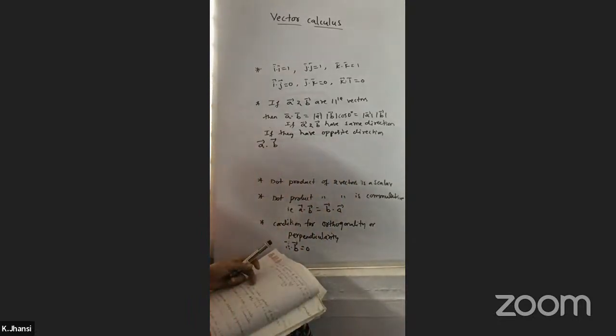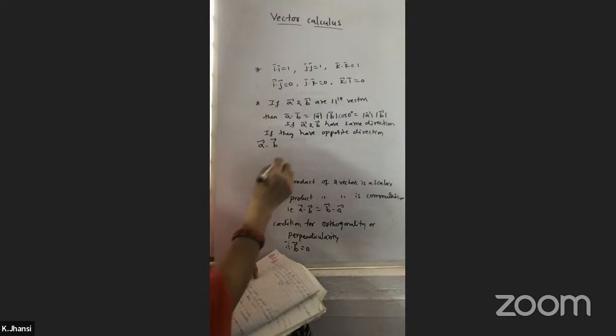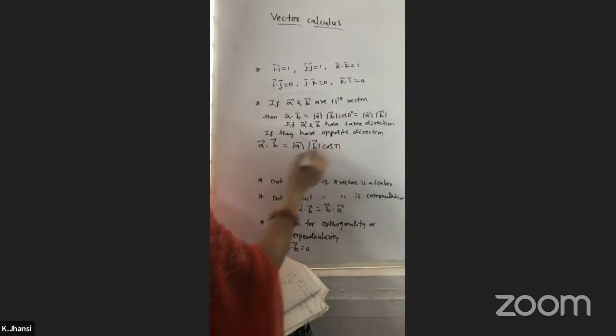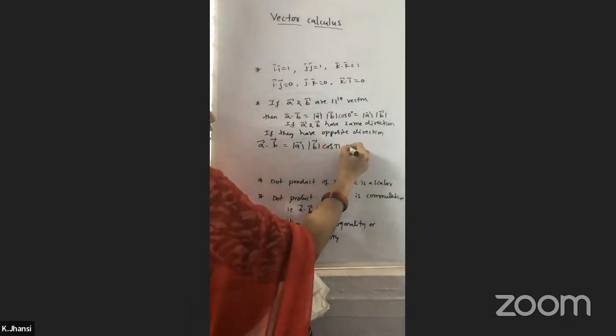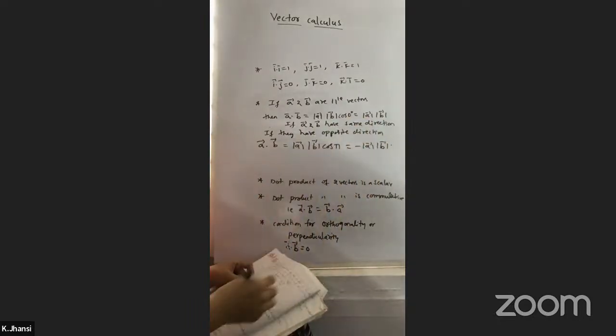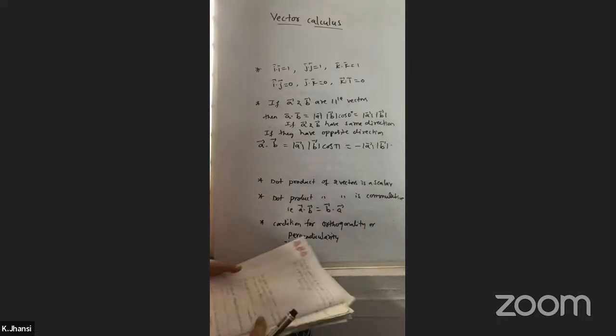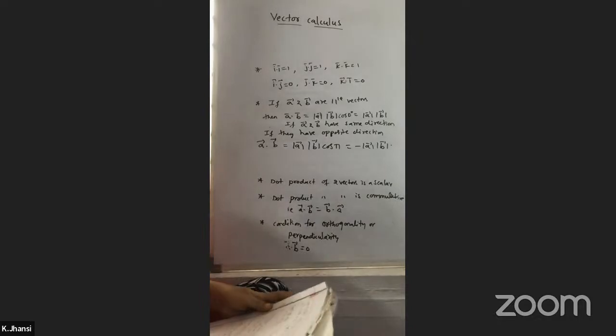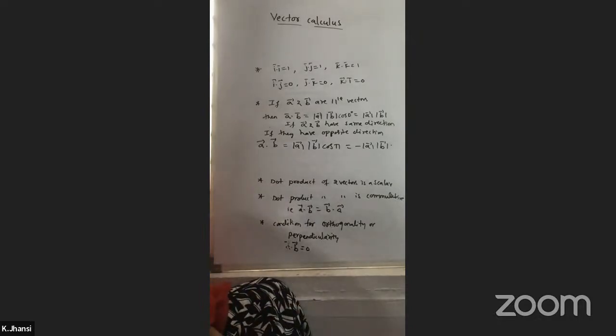If they have the opposite direction, then A dot B is equal to, here the angle will be pi, cos pi, so we will get it as minus mod A mod B. Okay. So this is about the concepts of the vectors and scalars. Tomorrow we'll see some more concepts about vectors and scalars, and also the cross product.